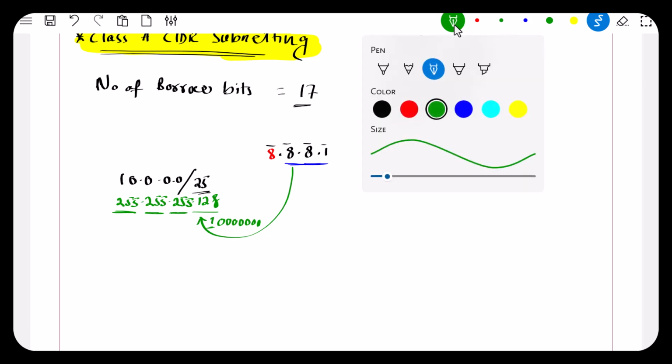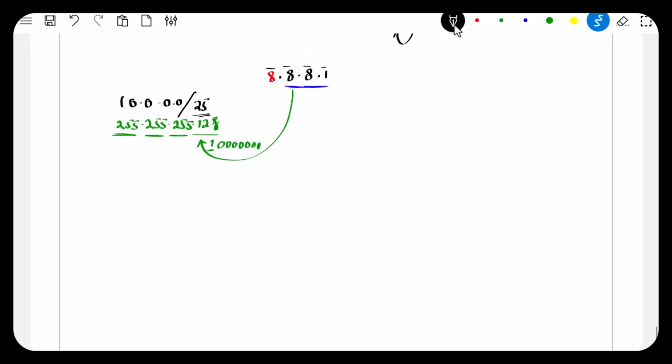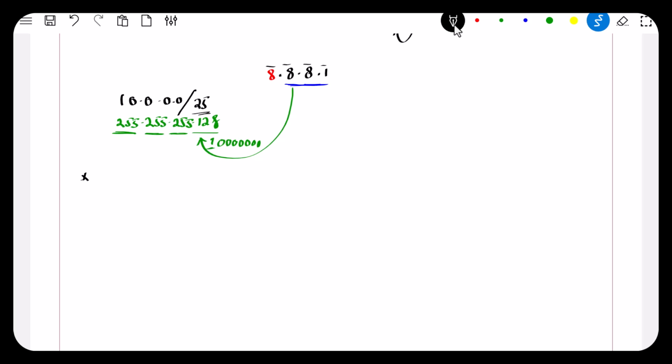Let's find out the number of subnetworks after borrowing 17 bits. You know, we will use this formula 2 power n. What is the n value?